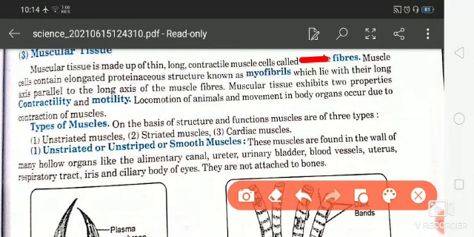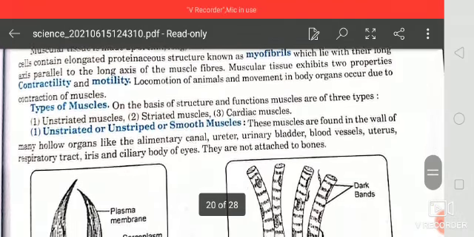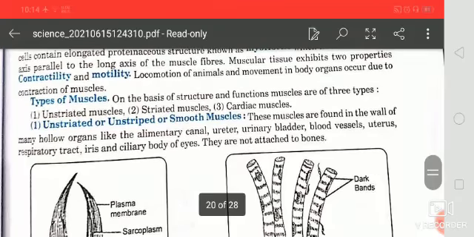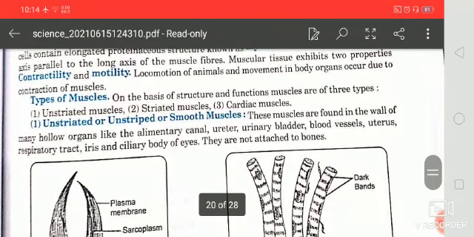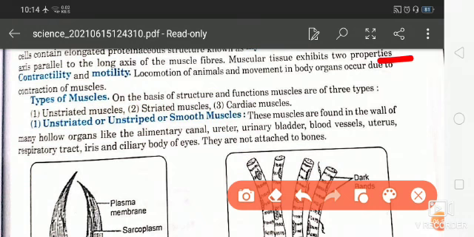Muscle cells contain elongated proteinous structures called myofibrils, which lie with their long axis parallel to the long axis of the muscle fibers. Muscular tissue exhibits two properties, contractility and motility, and locomotion of animals and movement in other body organs occur due to the contraction of muscles.